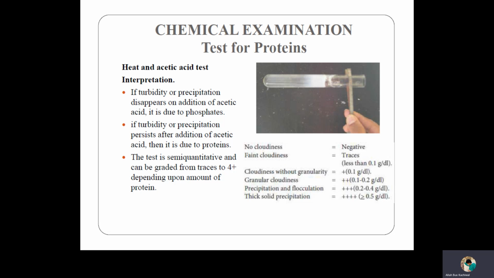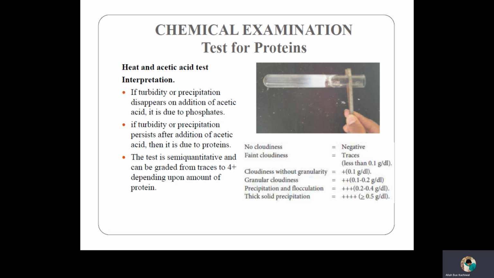No cloudiness means negative. Faint cloudiness means traces, which is less than 0.1 grams per day. Cloudiness without granularity is plus 1, 0.1 grams per day, whereas granular cloudiness is plus 2, that is 0.1 to 0.2 grams per day.